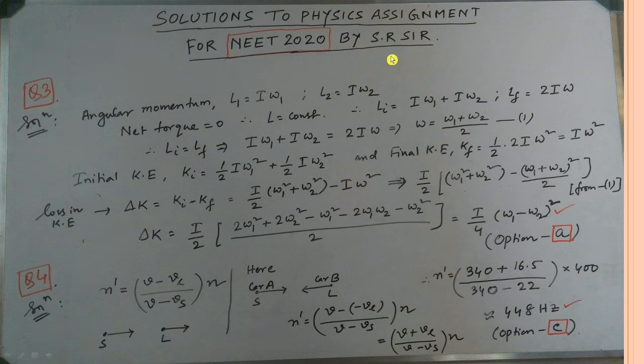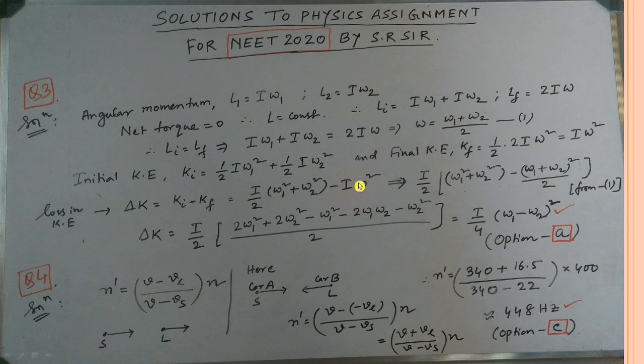So L is conserved. The initial angular momentum is the sum of the angular momentum of the two disks, so I omega 1 plus I omega 2, and the final angular momentum of the two disks as a whole is 2I omega. Let the angular velocity of the two disks as a whole be omega. When calculating the angular momentum of the two disks as a whole, the moment of inertia will simply be 2I.